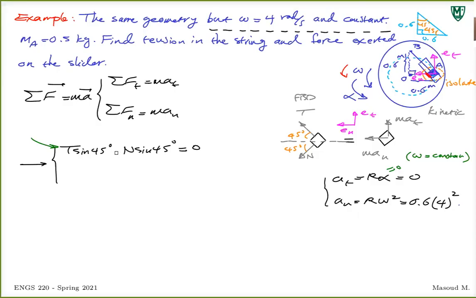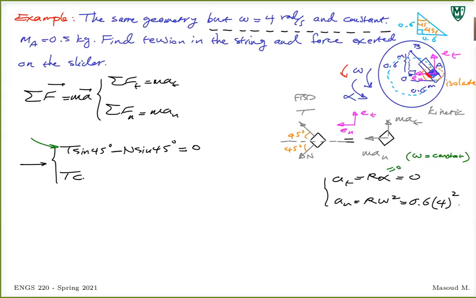So this becomes n. I think the only thing that changes here is the minus. So this becomes minus n sine 45 degrees. All right, so we resolve that. Going to the second part, summation of force in the normal direction is equal to m a_n. So I have T there.